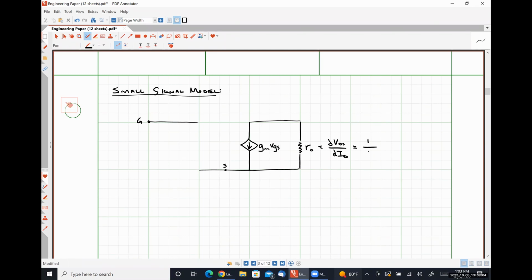This is just 1 over lambda ID, where ID is our DC operating point of our transistor. And I'm going to extend this over here like so. Talk about that in a second. Here is our drain. And then we also have this source body voltage.